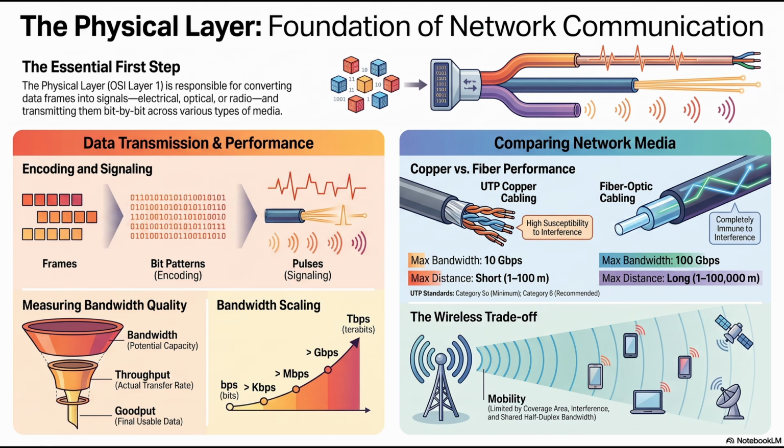And what really stands out in the source material is who is actually in charge of making the rules for this layer. Because when we talk about internet software and protocols, we usually talk about computer science groups, like the IETF. But the physical layer is governed by a completely different breed of engineers. Yeah, you are totally leaving the realm of computer science here and entering the realm of electrical engineering and physics.